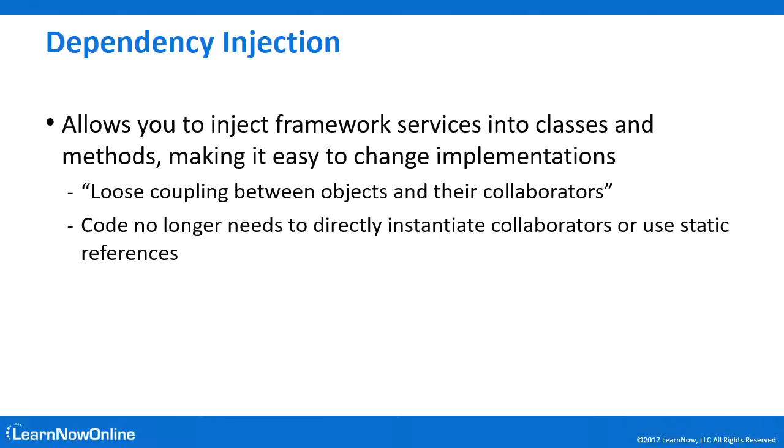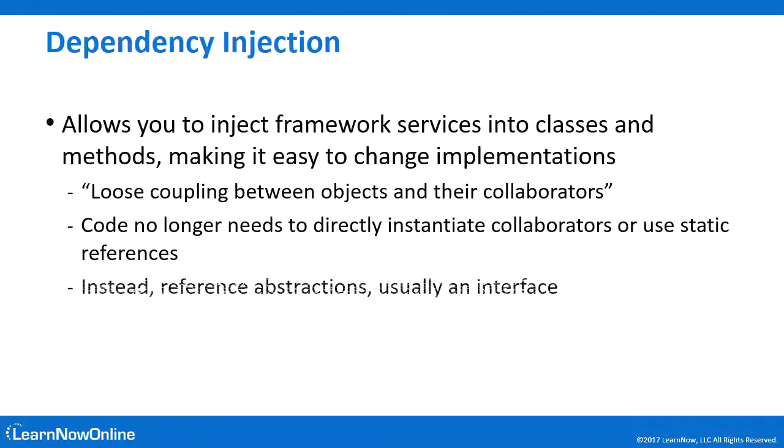When classes are designed with dependency injection in mind, they're more loosely coupled because they don't have direct hard-coded dependencies on their dependent objects, or the objects that they're dependent upon. So instead of referencing specific implementations of those services, classes instead request abstractions, which are typically in the form of an interface, which are provided to them when the class is constructed.